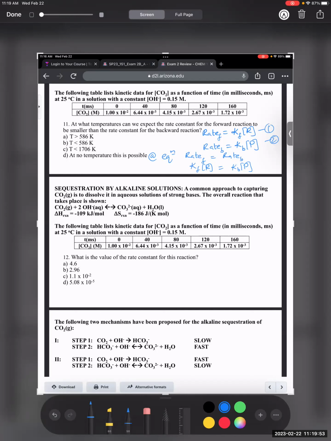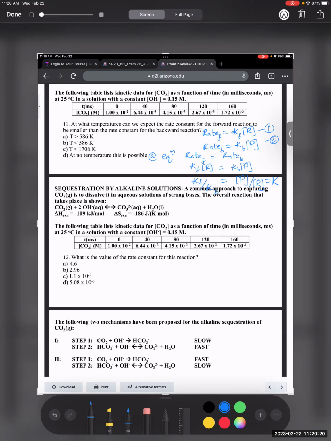Okay, now if you rearrange this, we see that we can have a constant on one side, Kf divided by Kb. I just move the Kb to the left hand side, and then I'm going to move my reactant to the other side. Is equal to that. We know products over reactants is the equilibrium constant.